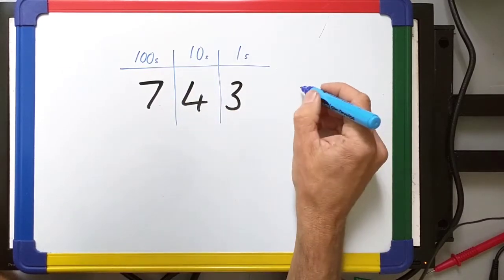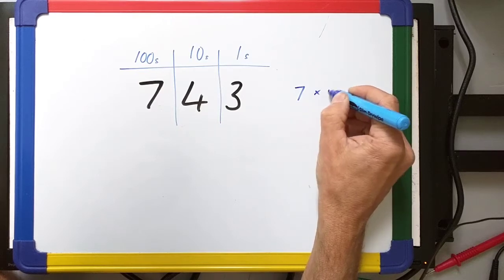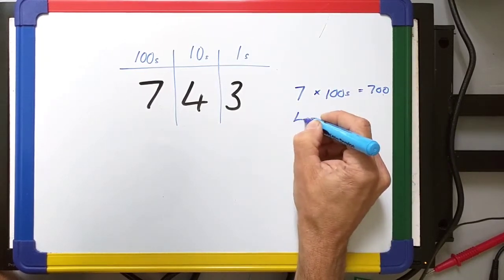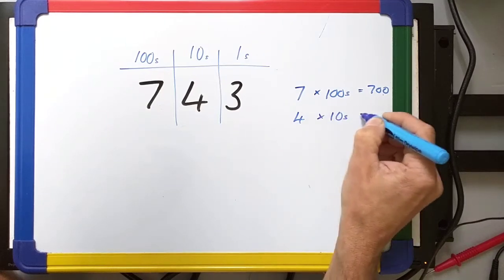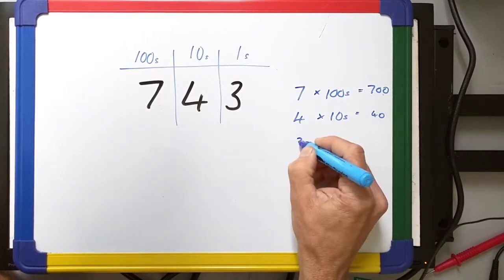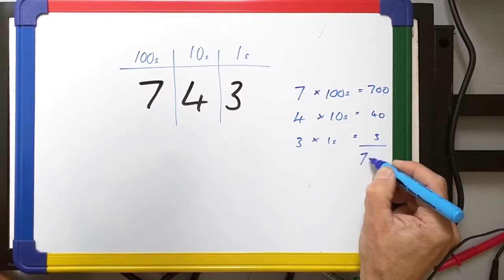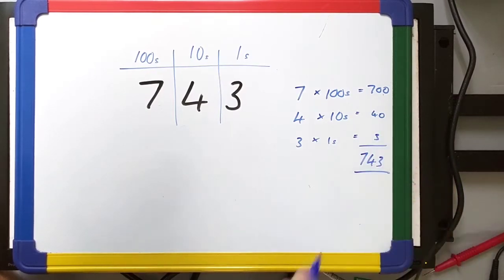So this number is 7 hundreds, which is 700, 4 tens, which is 40, and 3 ones, which is 3, all added together, 743.